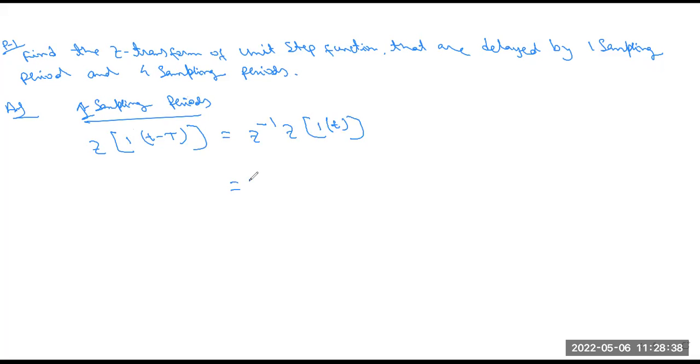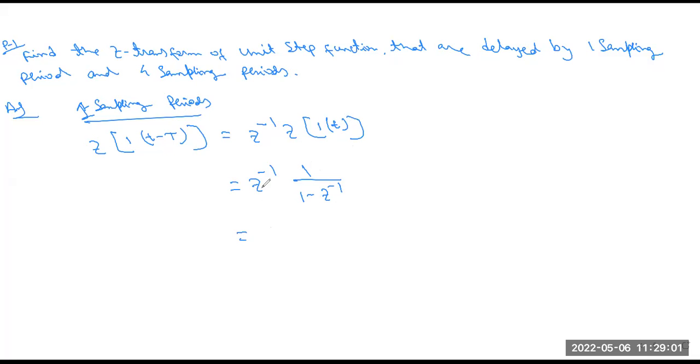So now you have to write this equation: z to the power minus 1 into 1 by 1 minus z to the power minus 1. You have to know these functions because using the Z transform table you have to put this formula: the Z transform of 1 of t, the answer is 1 by 1 minus z inverse.